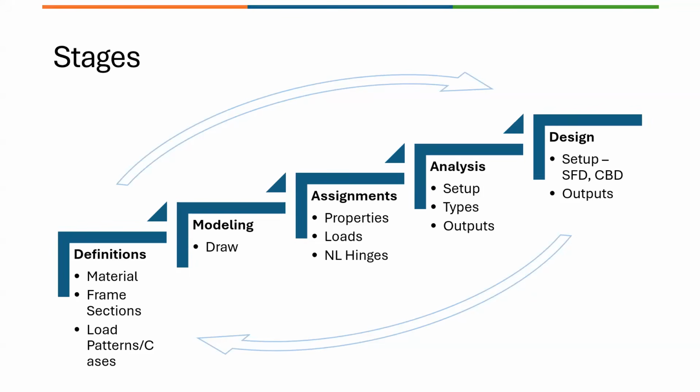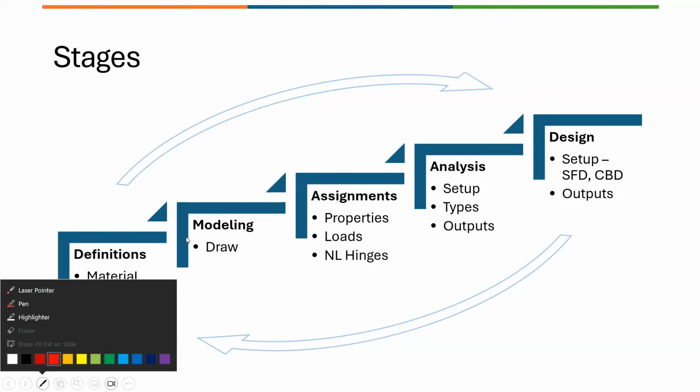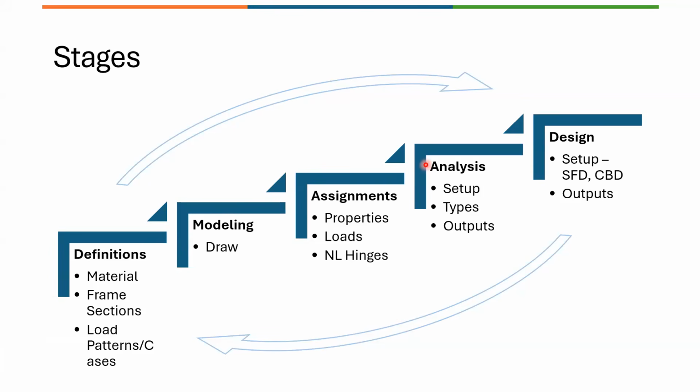For object-based modeling, we need the definitions, and then we use the definitions, like the properties, etc., to model the structure and its members. Then we'll make assignments like properties, loads, hinges, etc. We are also going to perform a nonlinear analysis, which we will discuss in the model.